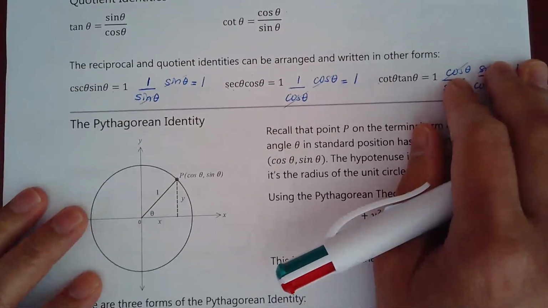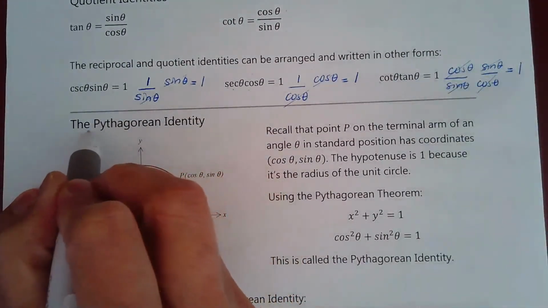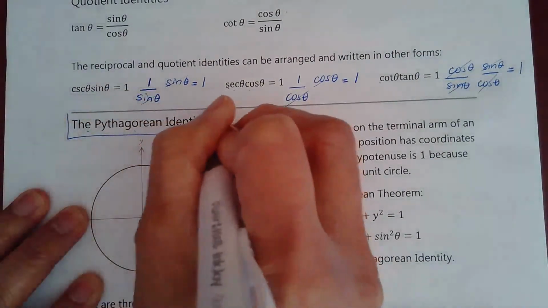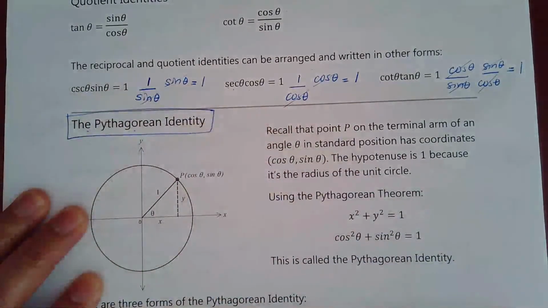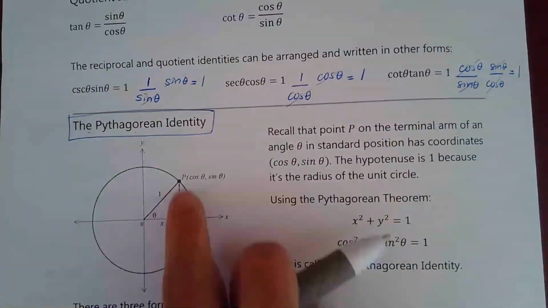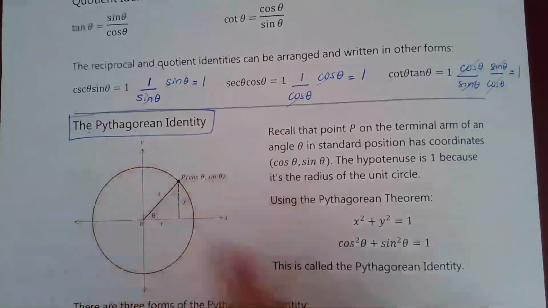Now, the other one is called a Pythagorean identity. What is a Pythagorean identity? Let's bring us back to the unit circle.